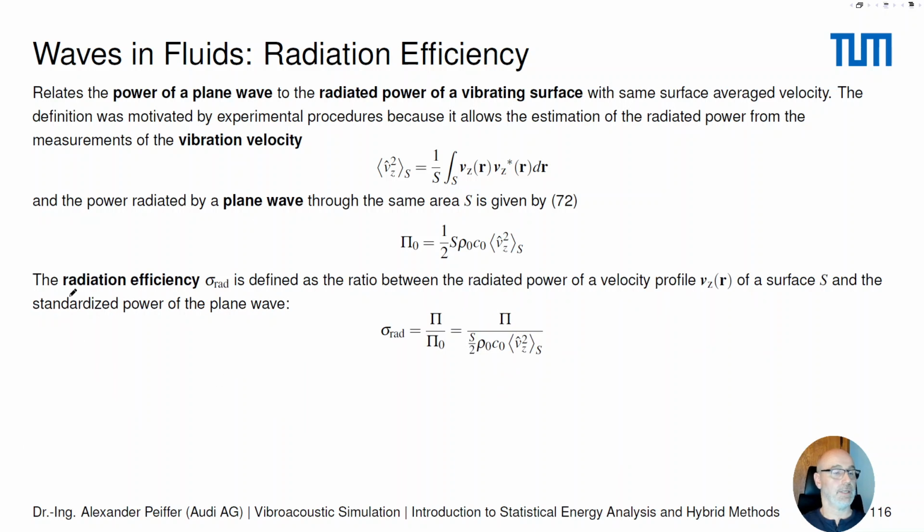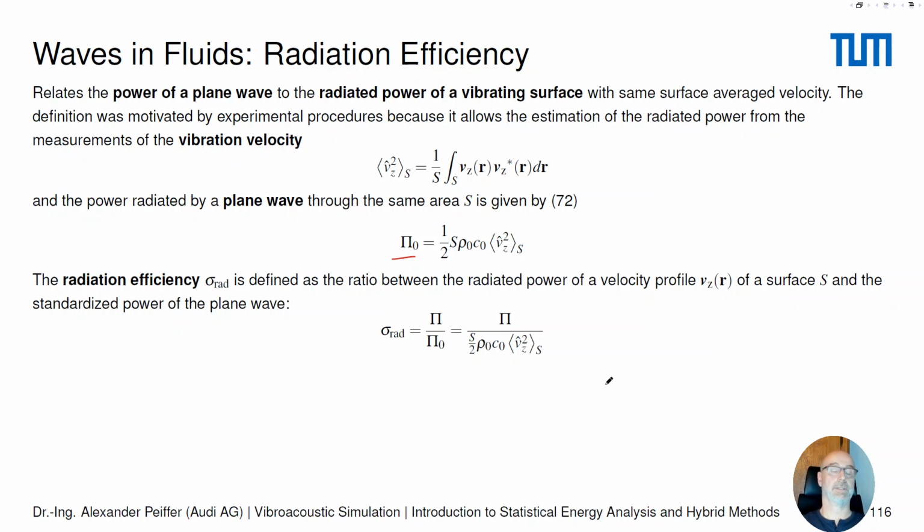And we introduce a quantity that we call radiation efficiency, and this is nothing else than the relationship of the actual radiated power of any specific vibration to this reference power here. That means it's the power divided by the given reference value. You may wonder, hey, come on, what is the use of this?